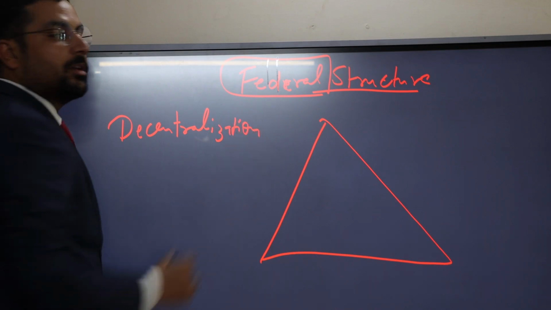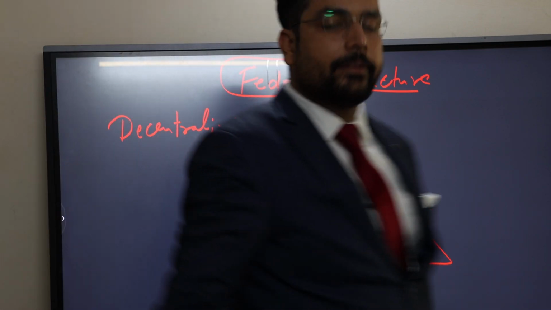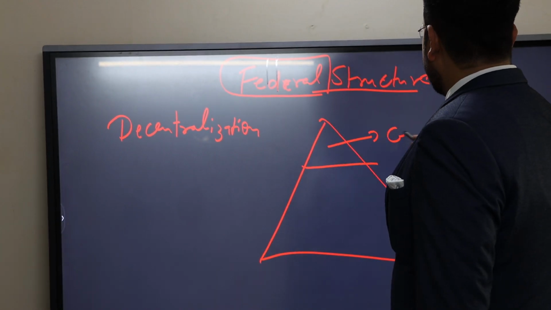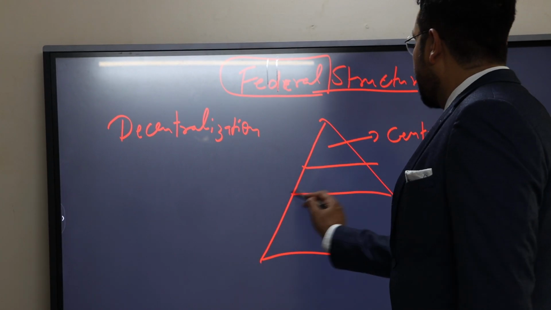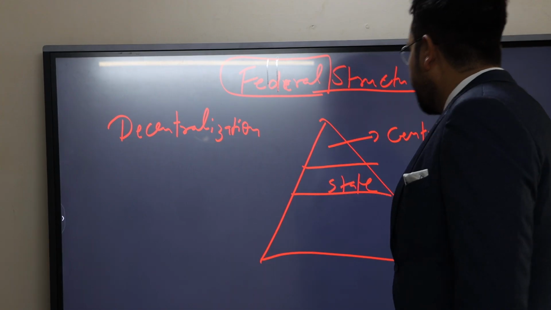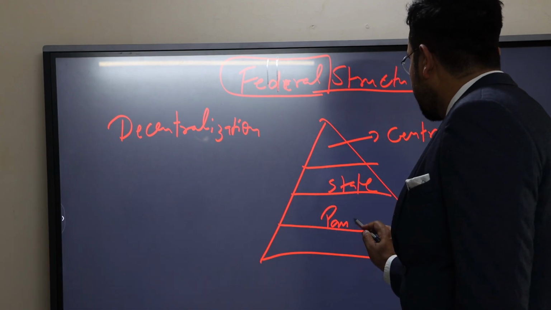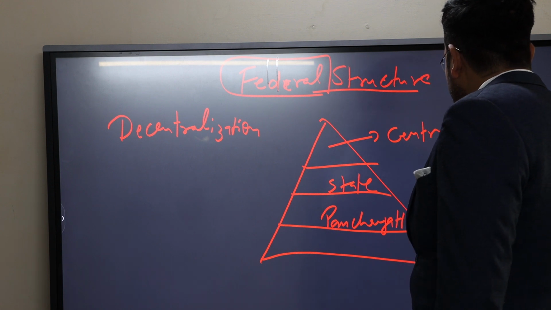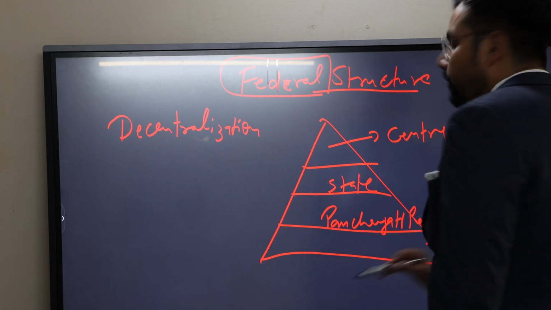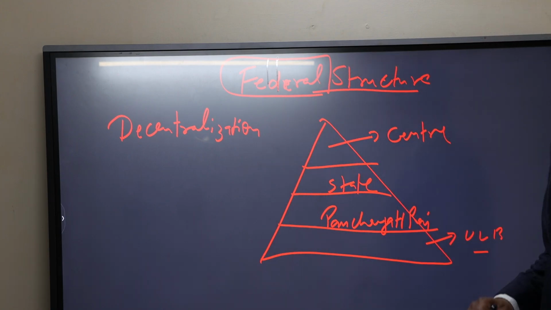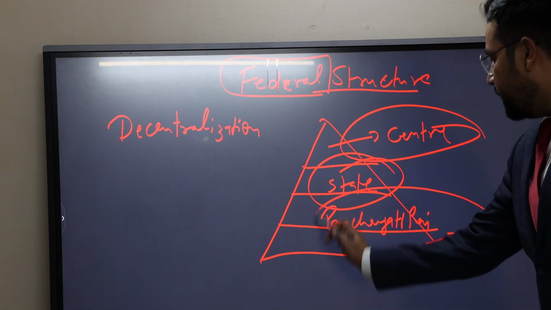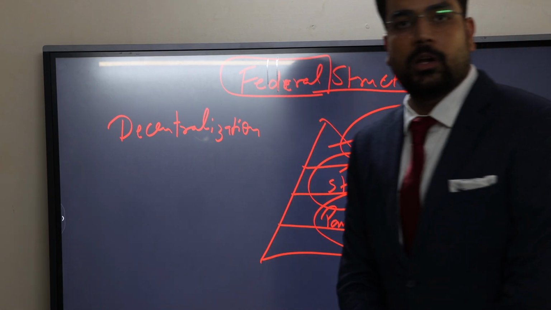The division of power between the center and states and its subsequent branches. So first in the federal structure comes center or union, then states, and then Panchayati Raj and urban local bodies. This is the federal structure. The most powerful body would be the center, second the state government, then the Panchayati Raj and urban local bodies.